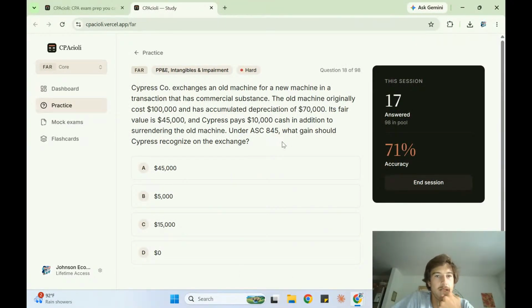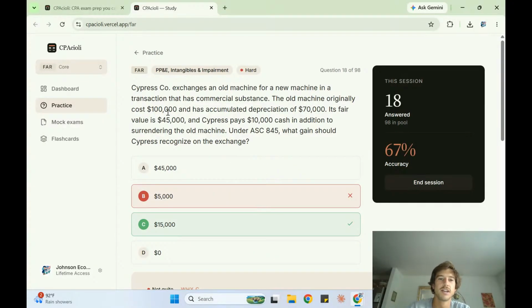Fair value is that. Okay, so that's a gain of $15,000. He pays $10,000 in cash in addition to surrendering the old machine. Okay, I think it's just this. No. Okay, because I did 100 minus 70 is 30. Fair value is 45, so it's 15 gain. But then he pays 10,000 cash in addition to surrendering the old machine, so I thought it'd only be a 5 gain.